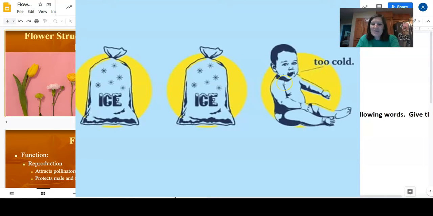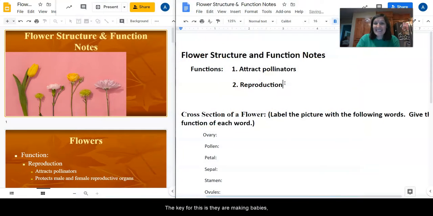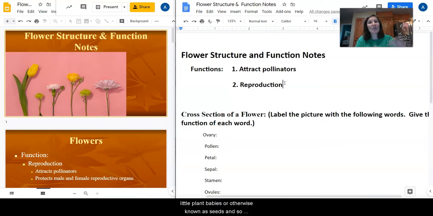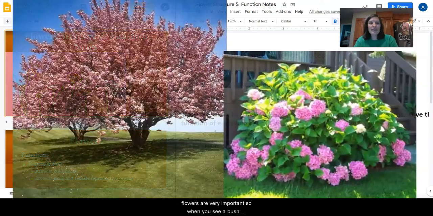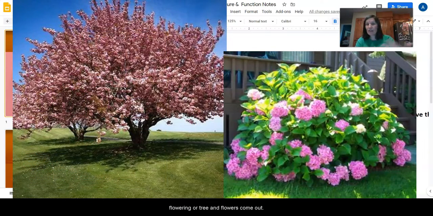All right, so the key for this is they are making babies, little plant babies, otherwise known as seeds. And so flowers are very important. So when you see a bush flowering or a tree and flowers come out, and oh, they're so pretty and they smell so good, they are saying, let's make a baby.